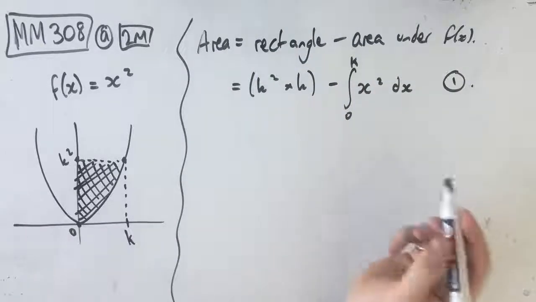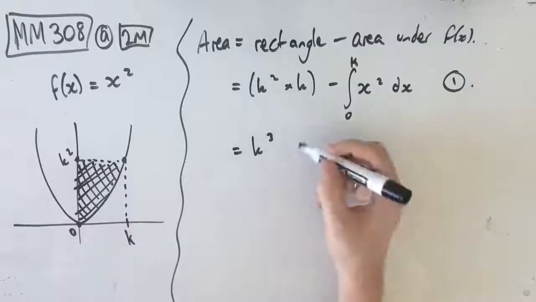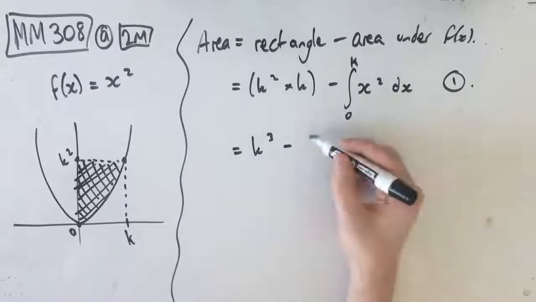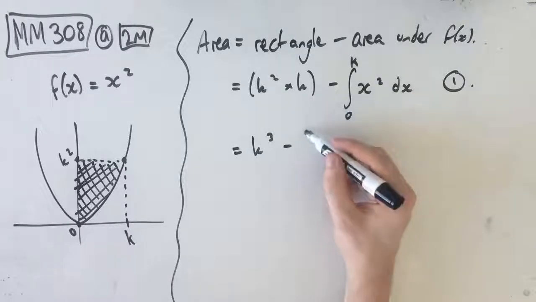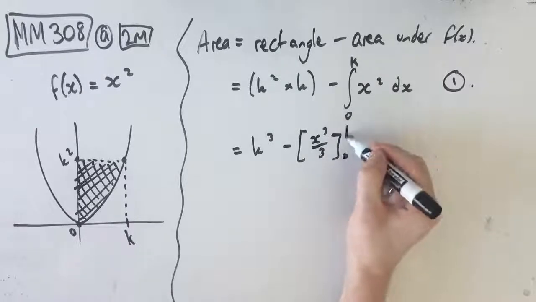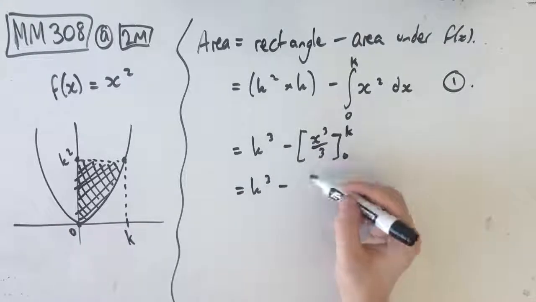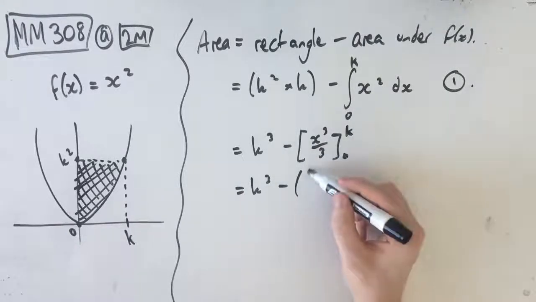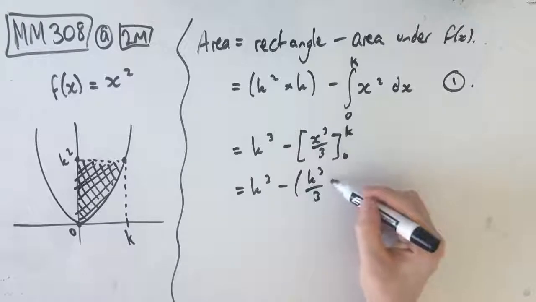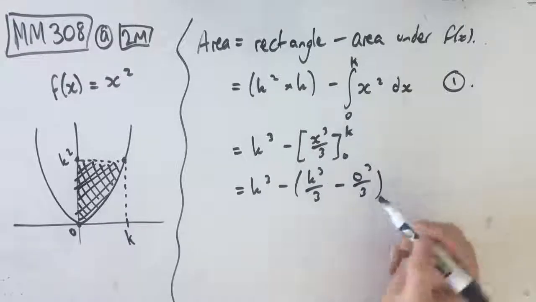So from here, we get our k squared times k is k cubed. And then we can say minus the integral of x squared, which is x cubed over 3 from 0 to k. So k cubed minus, we sub our value in, so k cubed over 3 minus 0 cubed over 3, which is obviously just 0.